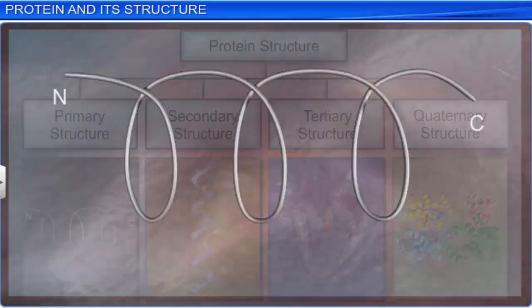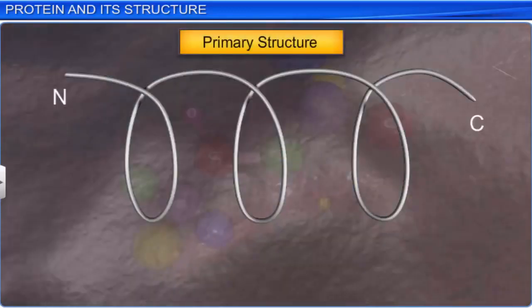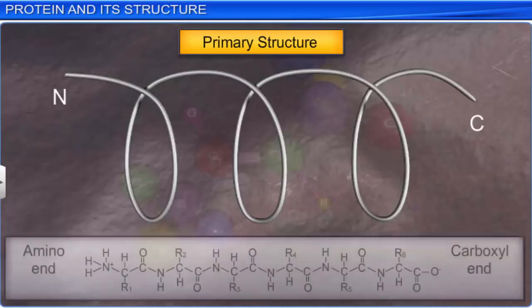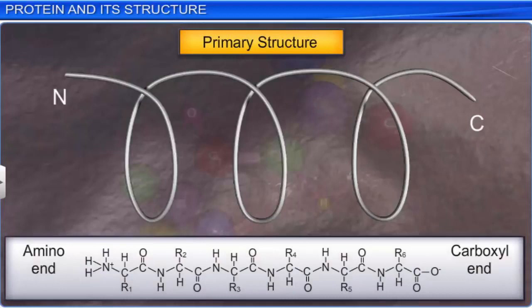The primary structure is the simplest structure, which refers to the positional information of amino acids in a protein. Hypothetically, a protein is a thread formed by amino acids where the left end is represented by the first amino acid or the N-terminal amino acid, and the right end is represented by the last amino acid or the C-terminal amino acid.